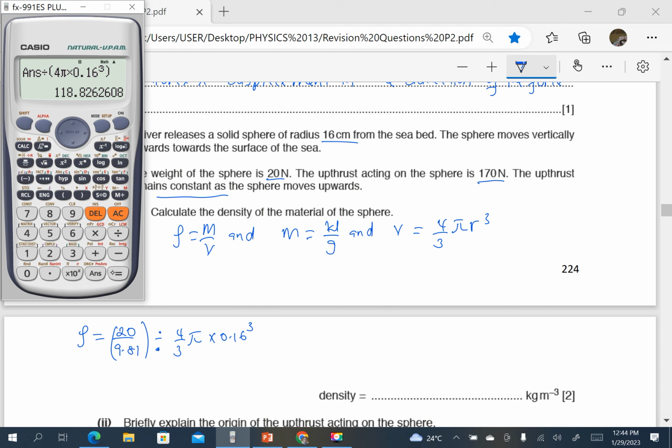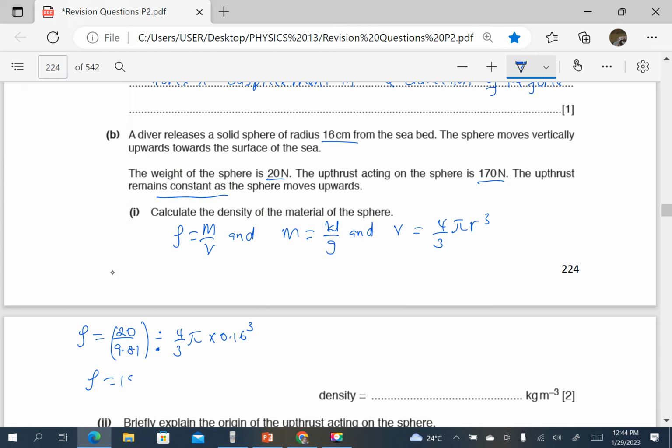So I'm getting 118.8, which is approximately 120. So this is 120.